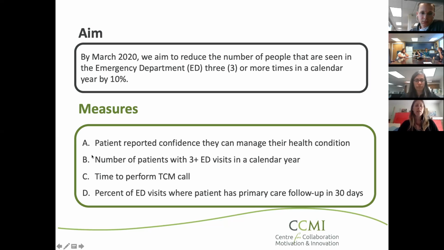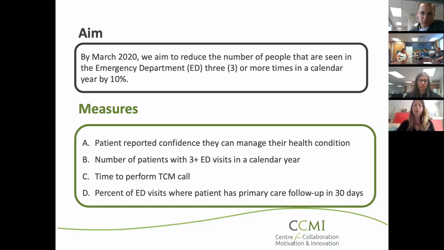So A is patient-reported confidence that the patients can manage their health conditions. B is the number of patients with 3 or more emergency department visits in a calendar year. C is time to perform the TCM call. And D is percent of emergency department visits where patient has a primary care follow-up in 30 days.